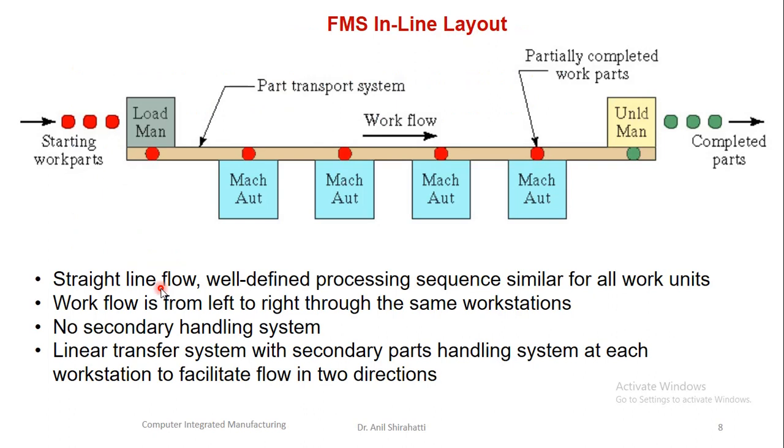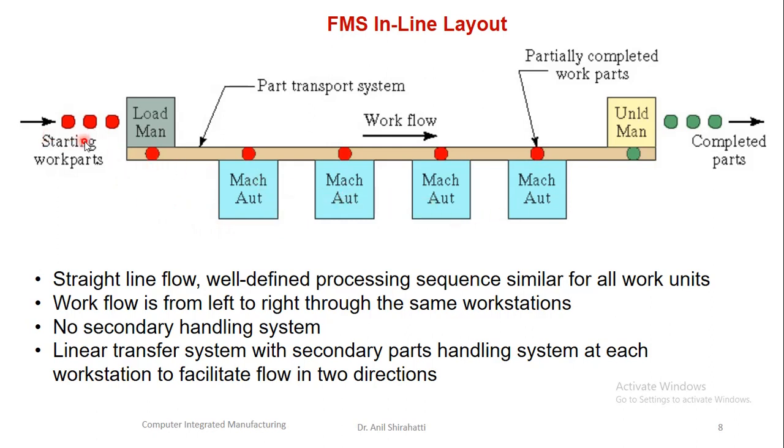So see, this is the FMS inline layout. This is straight in nature, with a well-defined process sequence in the workstations. Work flows from left to right. There are no secondary handling devices; a line transfer system serves as secondary part handling at each workstation. So let's see what happens here. This is machine 1, machine 2, machine 3, machine 4.